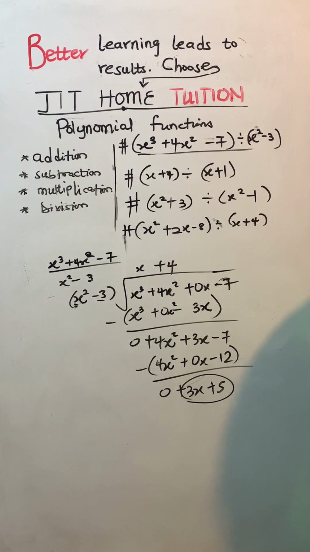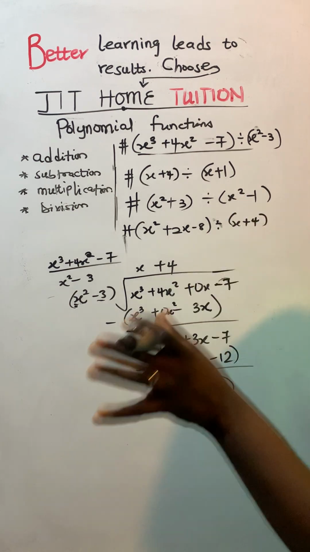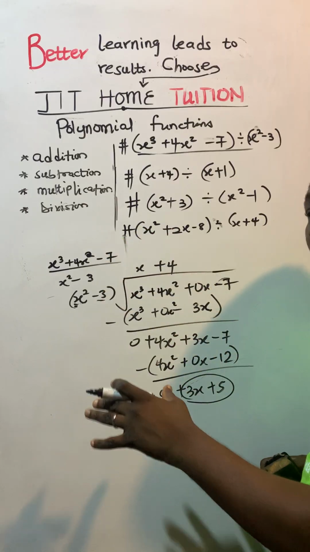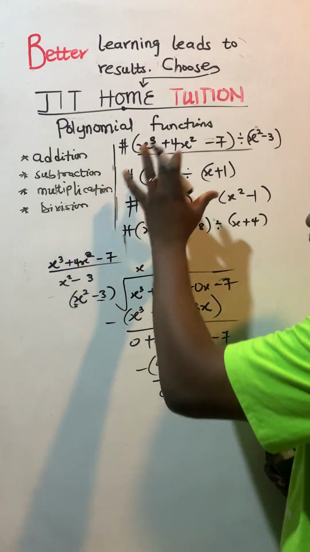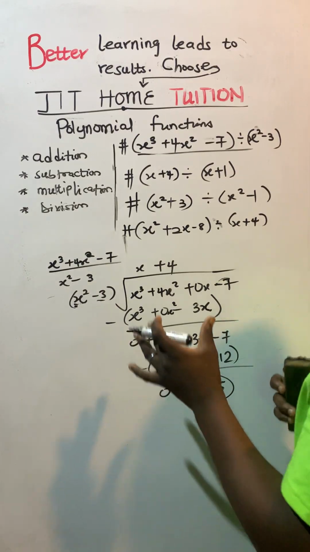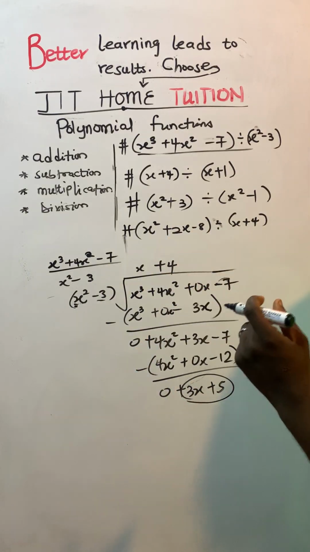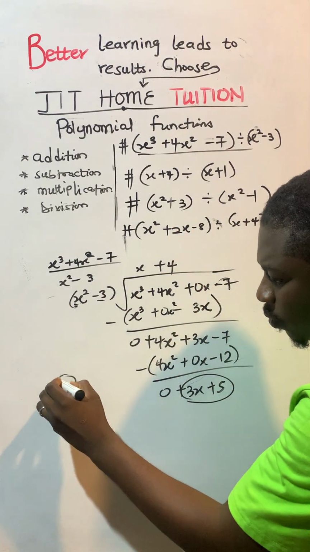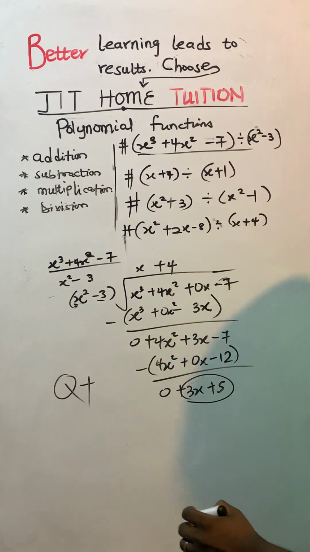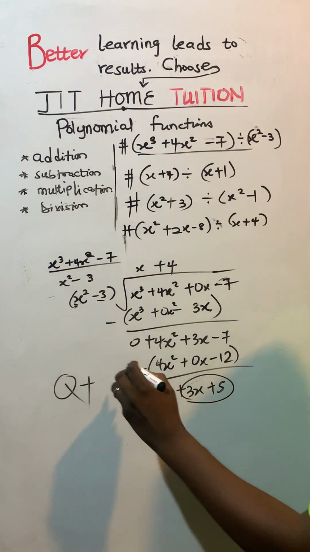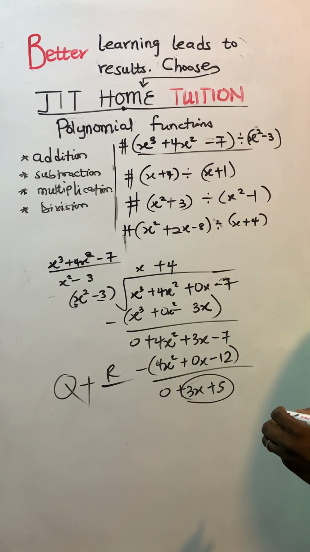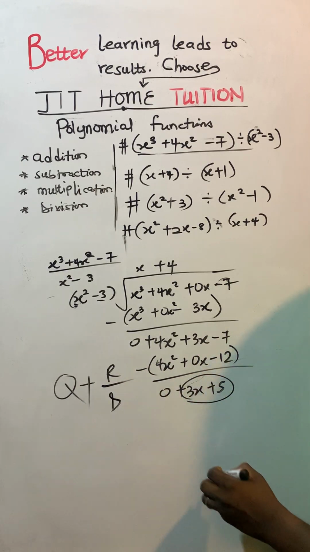So what we say is that this one is a remainder. What I'm trying to bring your attention to is that when you have an improper function with respect to polynomials and you are supposed to divide, what you are going to have is the quotient, the remainder, and the divisor.